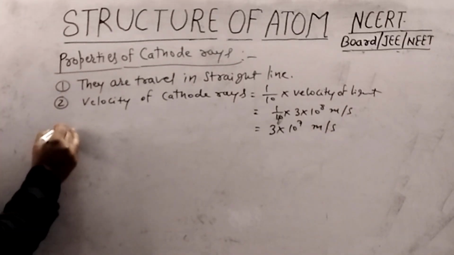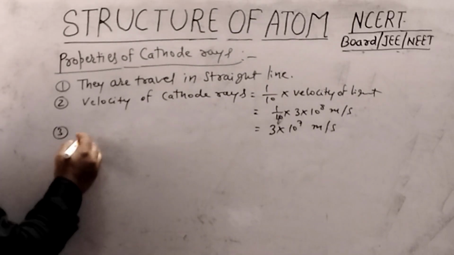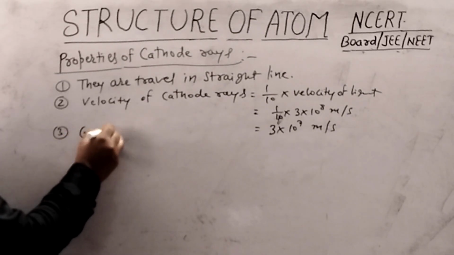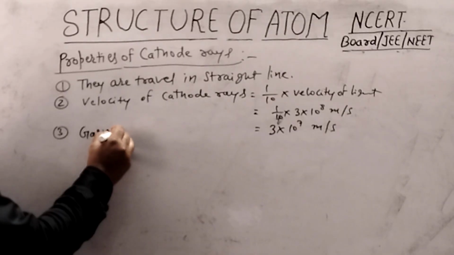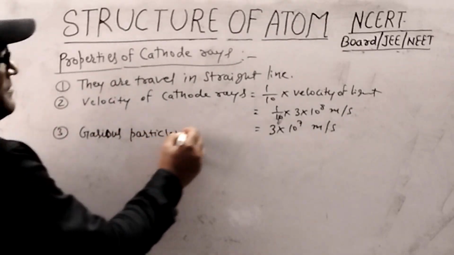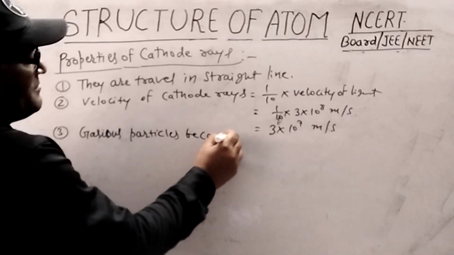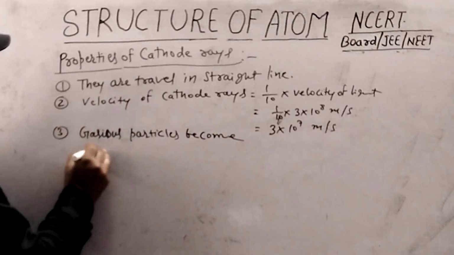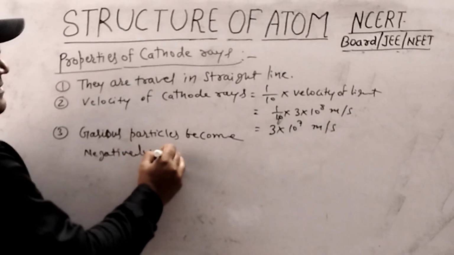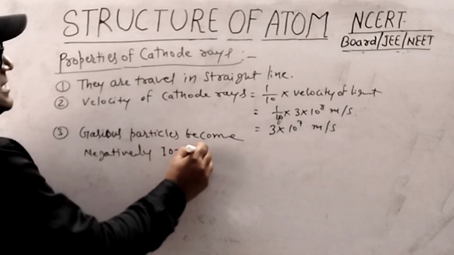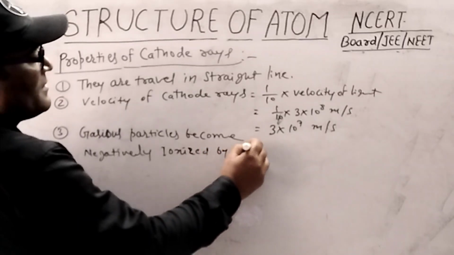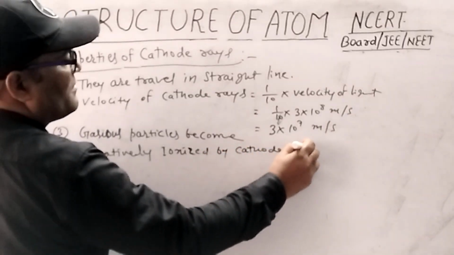Now next point is gaseous particles become negatively ionized by cathode rays.